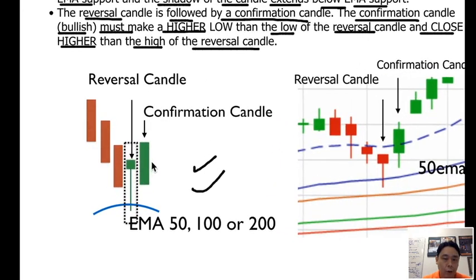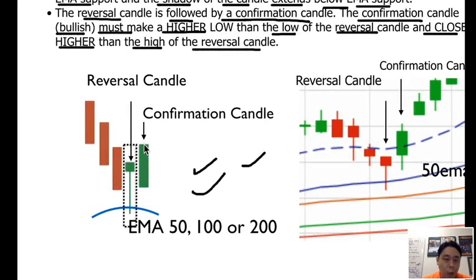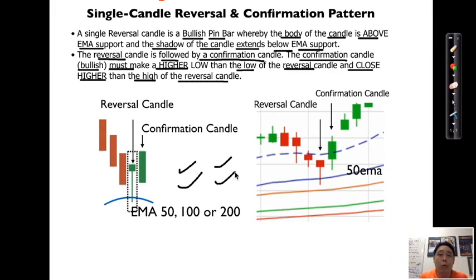Okay, so confirmation candle, is it bullish? Yes. Does it make a higher low than the low of the reversal candle? Check. Does the confirmation candle close above the high of the reversal candle? Check. There we go. All boxes are checked. The price is likely going to bounce up. So we can go long, right?